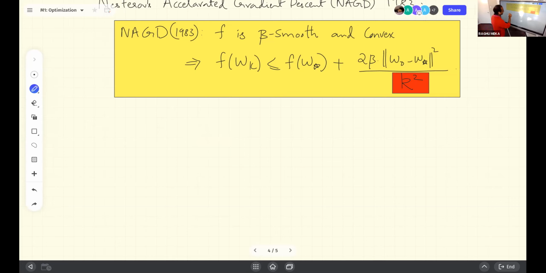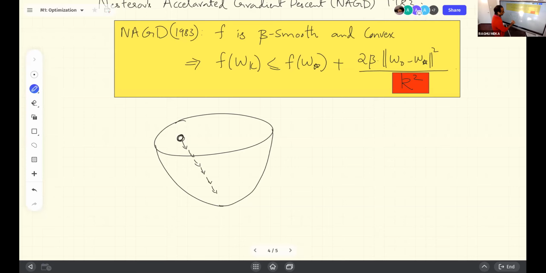Suppose our surface was actually like a parabola, like a bowl, right? So we start out from here. It made sense to just follow this steepest descent idea, which is the gradient descent, and then we get to the bottom of the bowl, right? So you can just take a straight line all the way down.